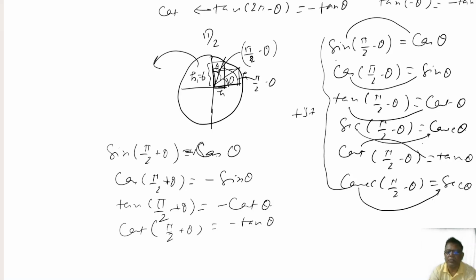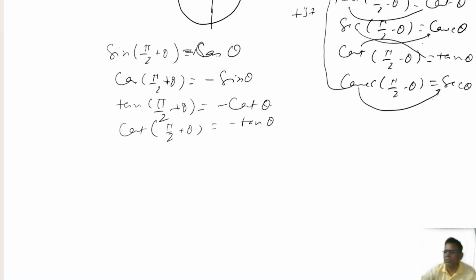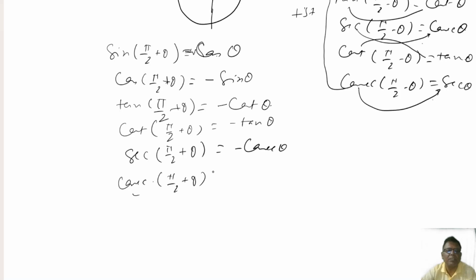And then what is left? Sec and cosec. Sec pi by 2 plus theta is equal to minus cosec theta. But what happened to cosec pi by 2 plus theta? This quantity in the second quadrant is always positive, so this will be positive sec theta.